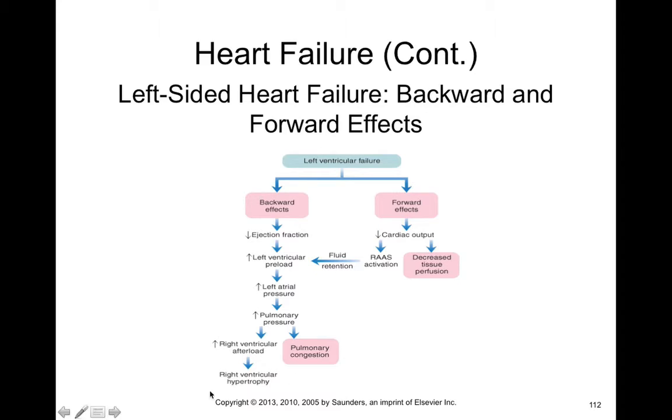So then what we see is right ventricular hypertrophy, where over time, the right ventricular muscle gets thicker in order to accommodate for this increase in afterload or increase in diastolic volume, because it's trying to force that blood through the pulmonary circulation, and the blood's backing up in the pulmonary circulation due to left ventricular failure.